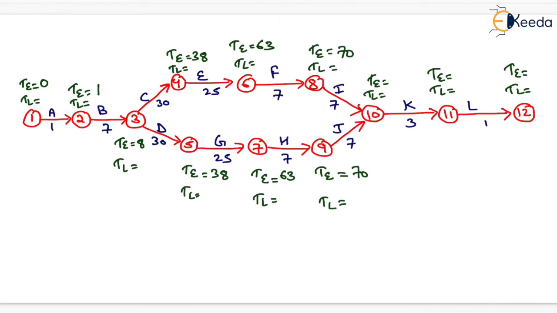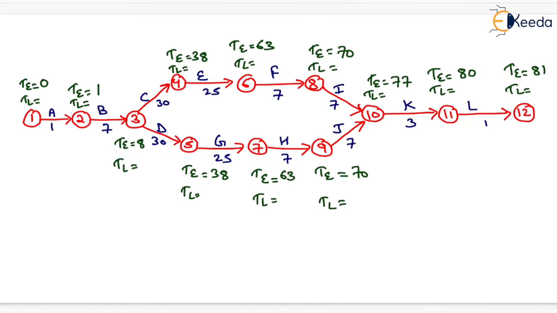Now for event 10 the earliest expected time, that is TE, will be equal to 7 plus 70, that is 77, from both the events, that is event 8 and event 9. So it will be equal to 77. Now for event 11 it will be equal to 77 plus 3, so it will be equal to 80, and for event 12 it will be equal to 80 plus 1, that is 81.